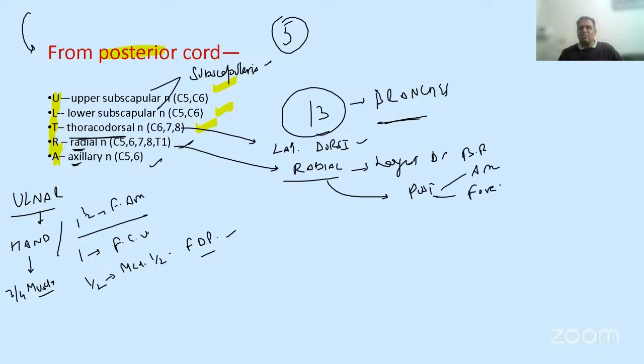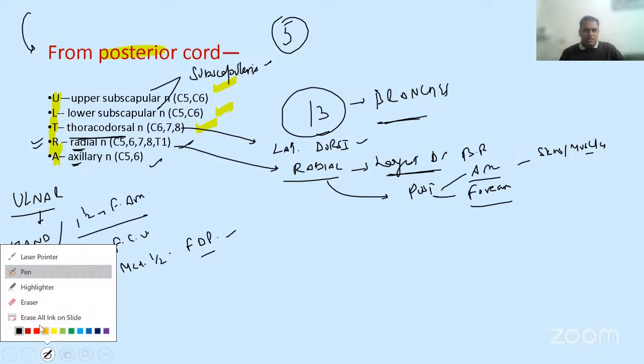By entire, I mean it supplies the skin as well as the muscles. Therefore, it is the largest. Understand that. When a question comes on which is the largest branch of the brachial plexus, it is the radial nerve.